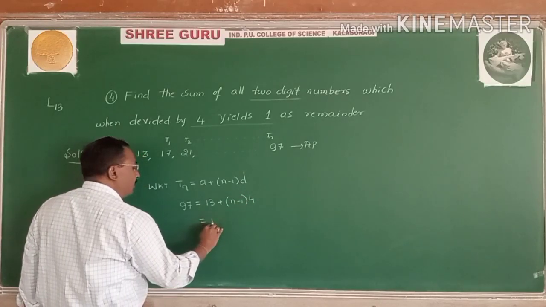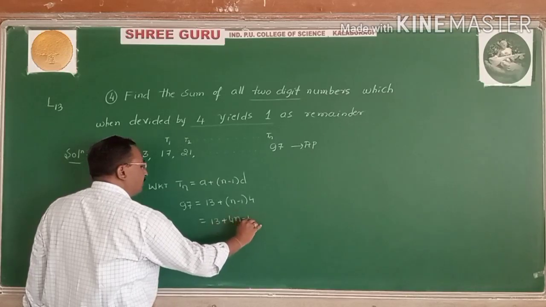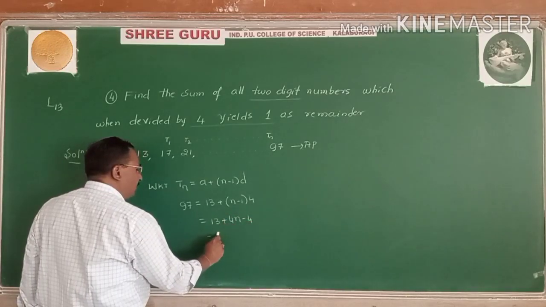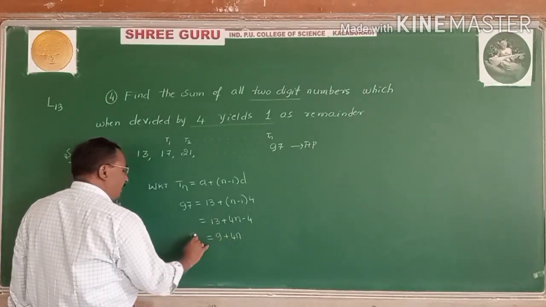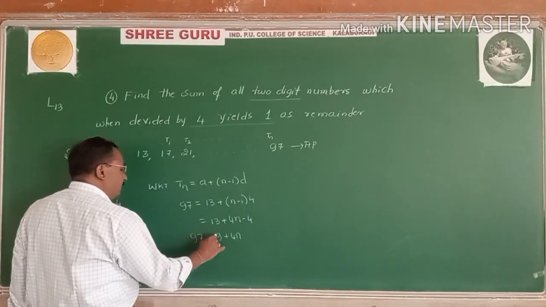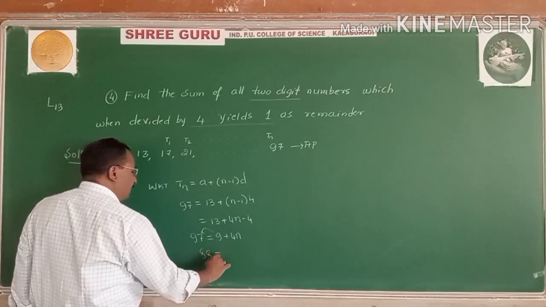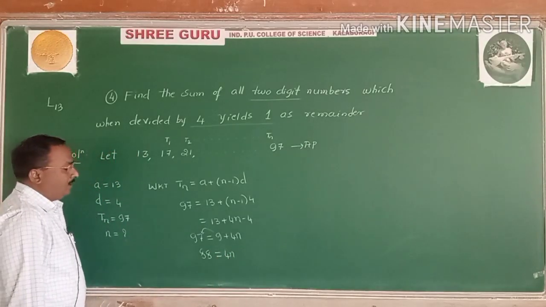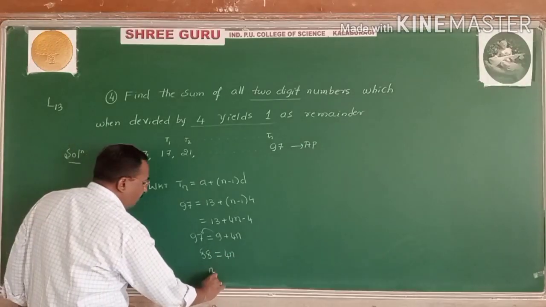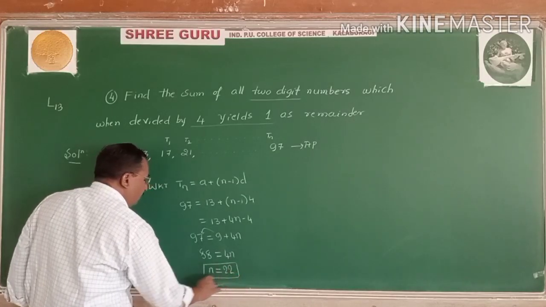So 97 is equal to 13 plus 4n minus 4. 13 minus 4 is 9, plus 4n. 97 minus 9 is 88, so 88 is equal to 4n. That is n is equal to 22, the number of terms. Here 22 terms.